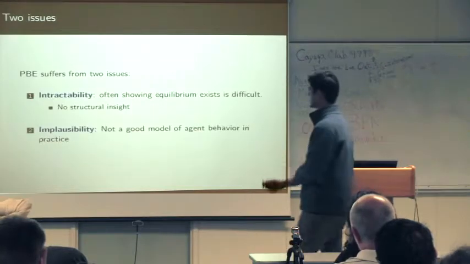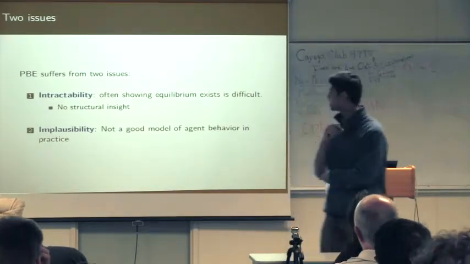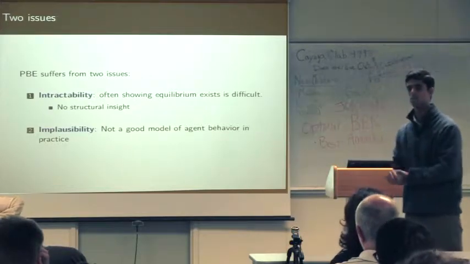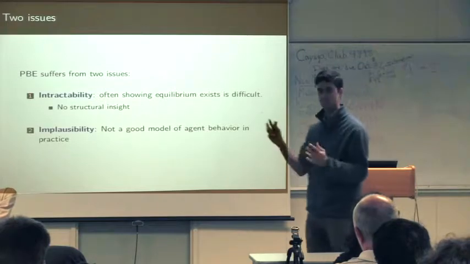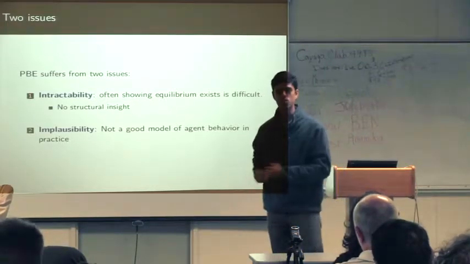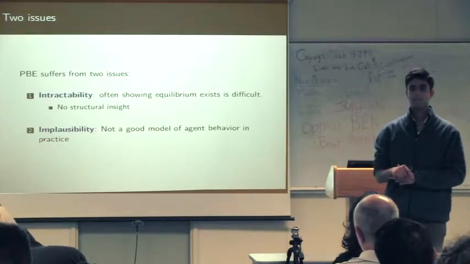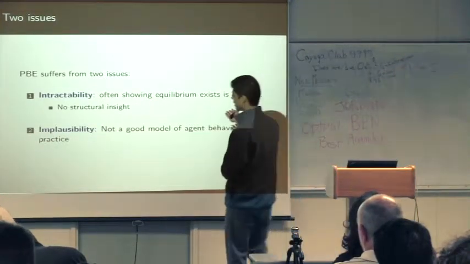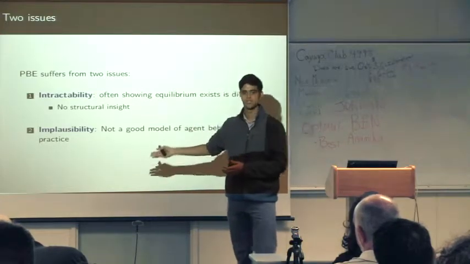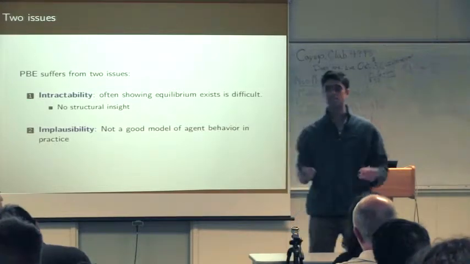So in particular, the PBE suffers from two issues. One is, as we addressed, the intractability. Due to these large dimensional belief spaces and so on, often showing that an equilibrium exists is itself very difficult. And as a result of this, we also obtain a dual issue, which is that these equilibria are in most practical settings implausible.